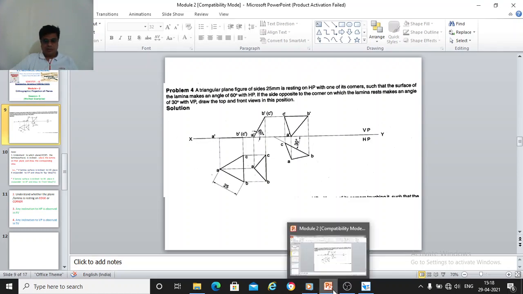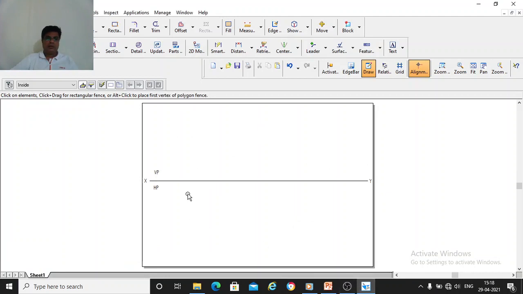So first we will draw the triangular lamina, and we will be drawing the top view because the lamina is inclined to HP. So keep it on the HP first, then draw the top view. In the top view I can see the true shape and size of the triangular lamina.